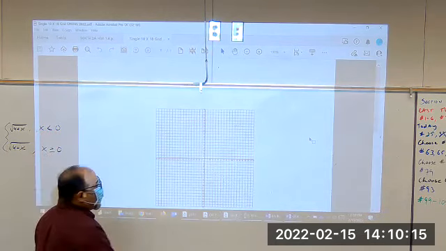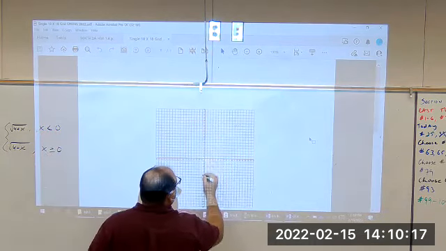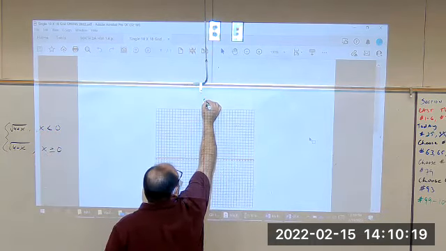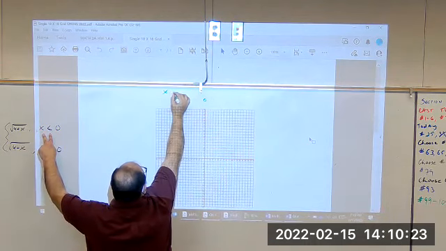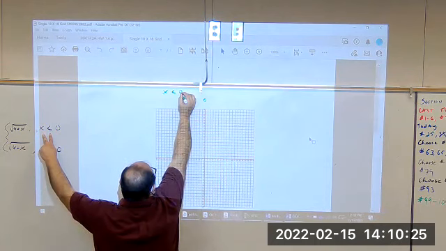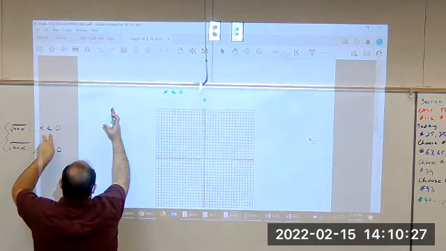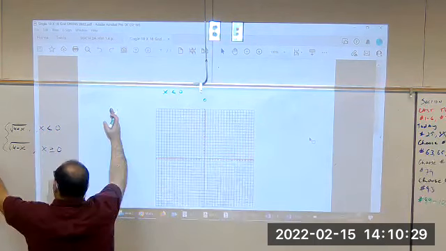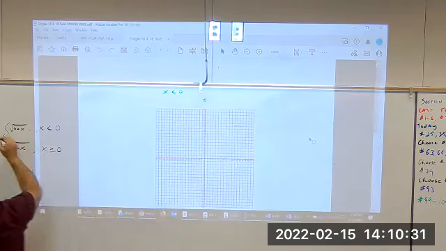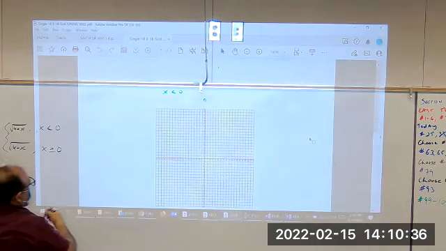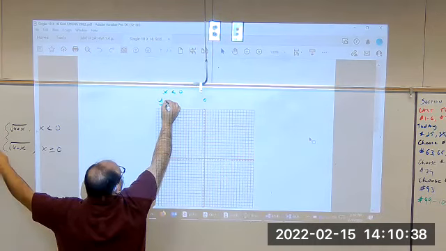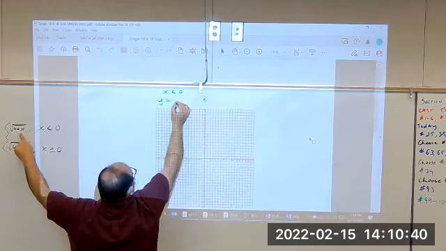So where the domain has got a little break in it, right here at x is 0, you have the left-hand side for all these x's that are less than 0. F of x, which in other words, remember, this is the same as y. Y is equal to square root of 4 plus x.